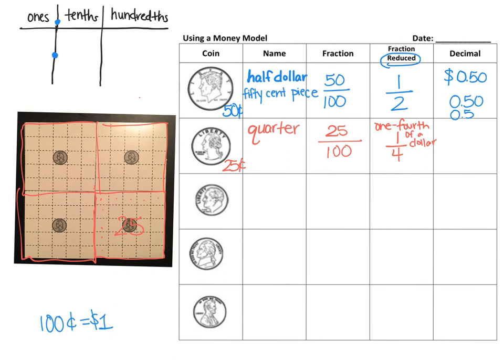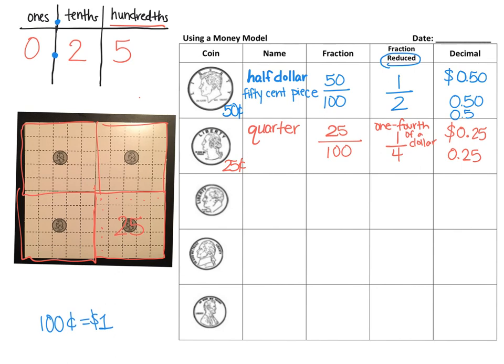So we could write that how? As a decimal. Well, when we write 25 cents, we write the dollar sign and then we put $0.25. We could also write that as 25 hundredths. So we would write 0 and 25 hundredths. Now some people saw earlier that I had left off the 0 on this one.